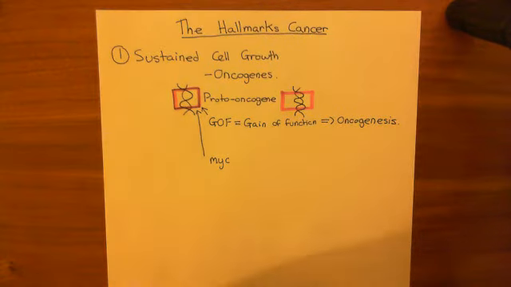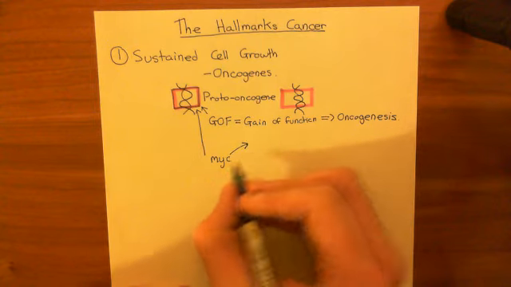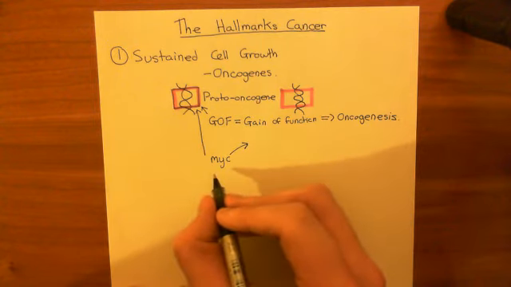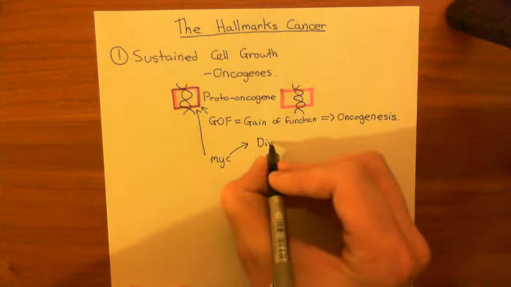So it's going to cause the growth of the cell. This is a powerful mitogen, as it's called. It's often given the grandiose title of the cell's most powerful mitogen. So it's going to cause division of the cell.